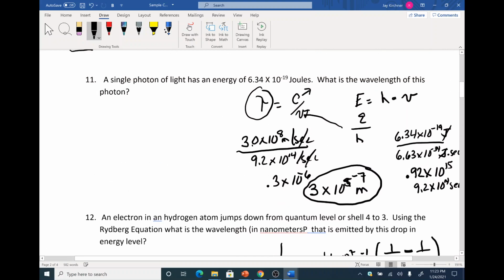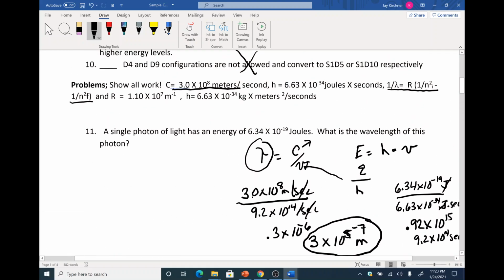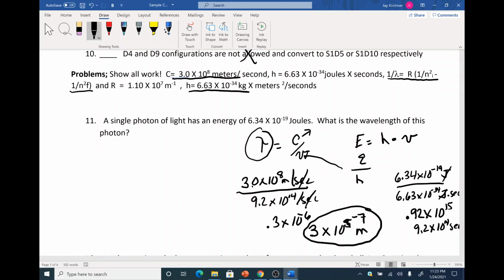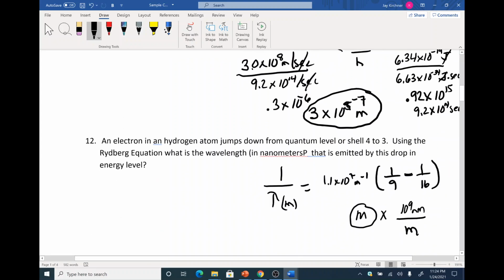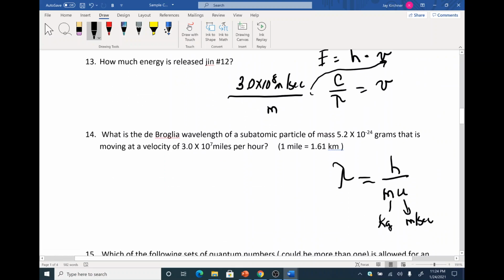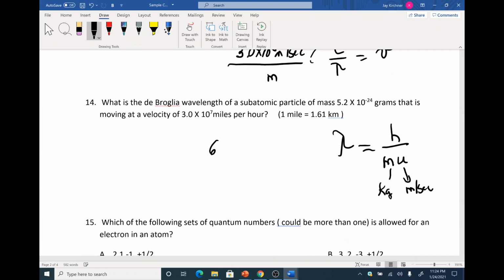Let's look up Planck's constant again. Planck's constant is actually the same units, but to make it jive with what we're putting in, we need to put it into kilograms meters squared per second.